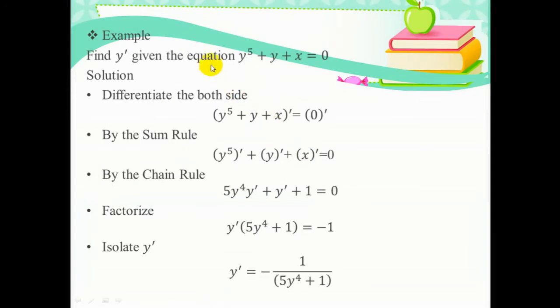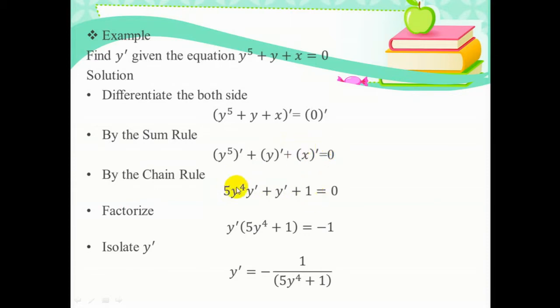Example: find the first derivative of y given this equation. Solution: you need to differentiate both sides. On the left side we use the sum rule. The derivative of y^5 is 5y^4 times y prime, and then y becomes y prime. The derivative of x is 1.